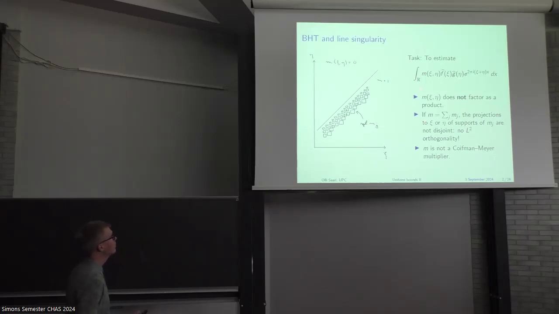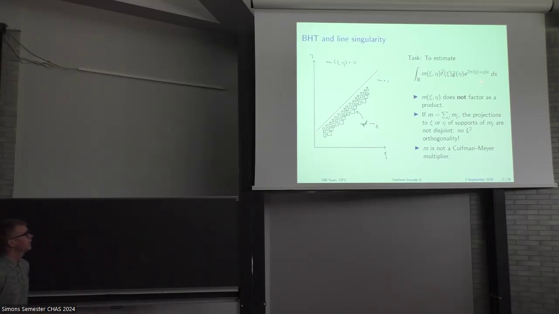So we reduced the problem of bounding the bilinear Hilbert transform to bounding this kind of bilinear Fourier multiplier. And now, in essence, the multiplier we are studying is the characteristic function of a half plane. And this kind of multiplier has a singularity along a line.